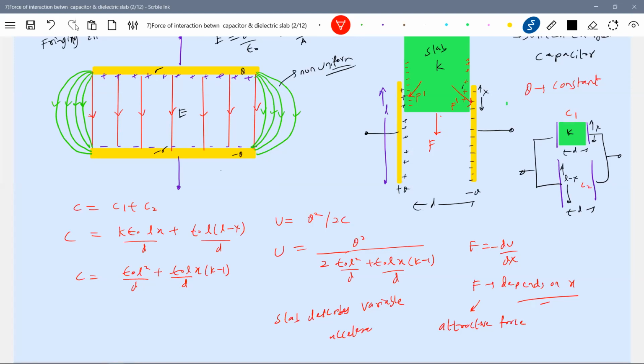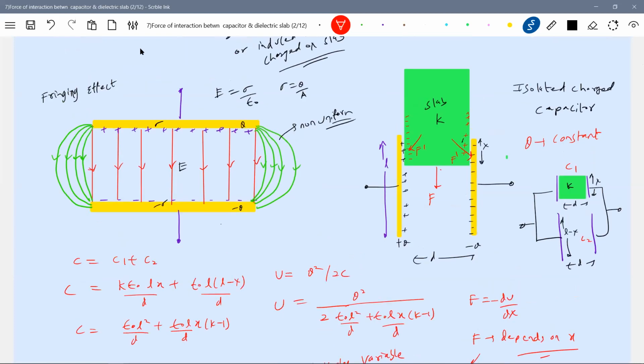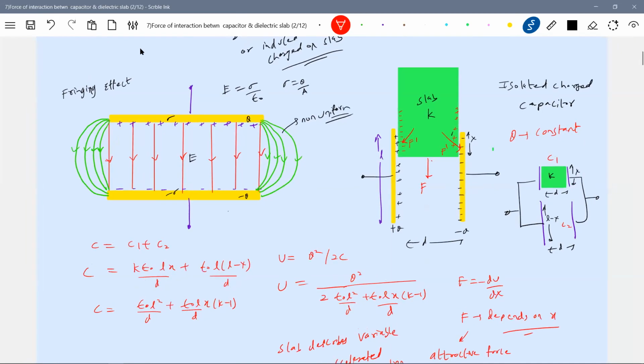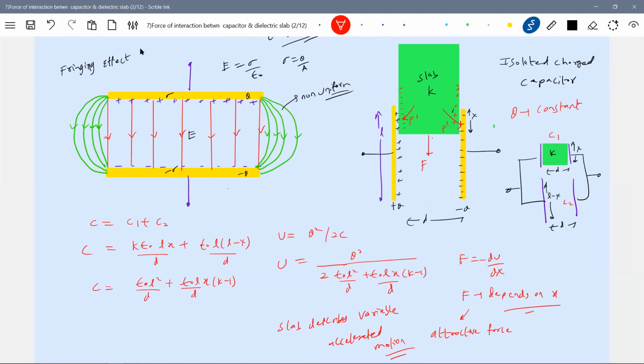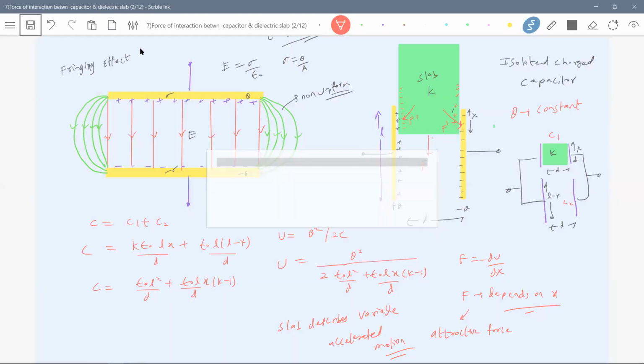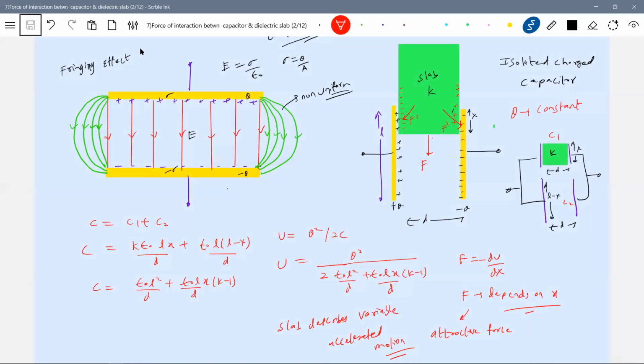Variable accelerated motion. They may ask you these things also. Okay, I'll show the complete description. Okay, I'll scroll down. I'll go for the next topic.